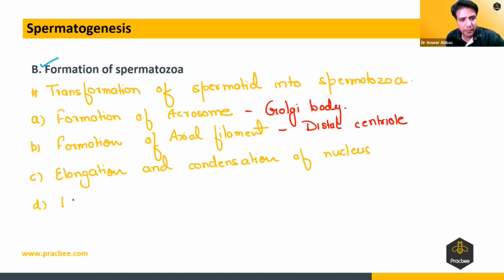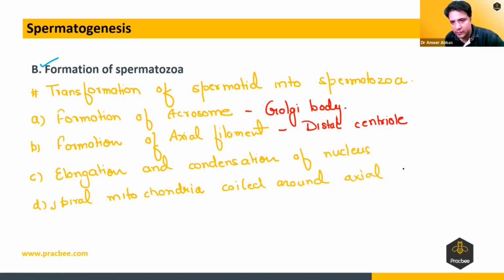Spiral shape mitochondria coil around the axial filament in the middle piece.